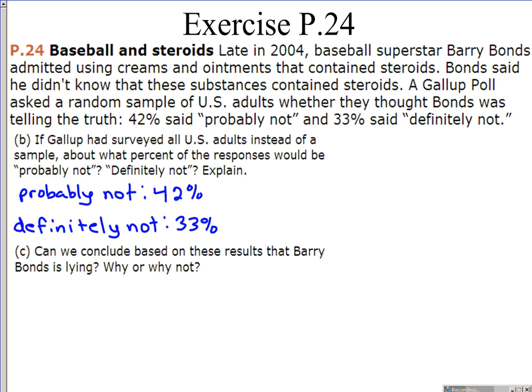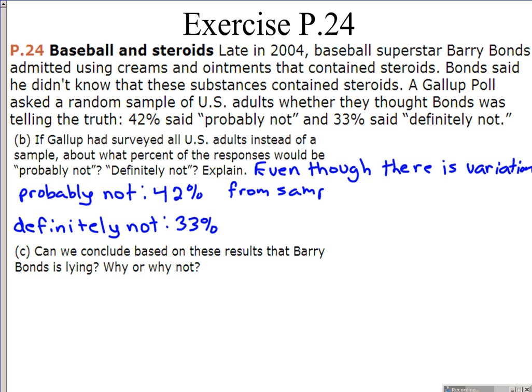And why? Well, even though there's variation from sample to sample, this is the best estimate of the population parameter.